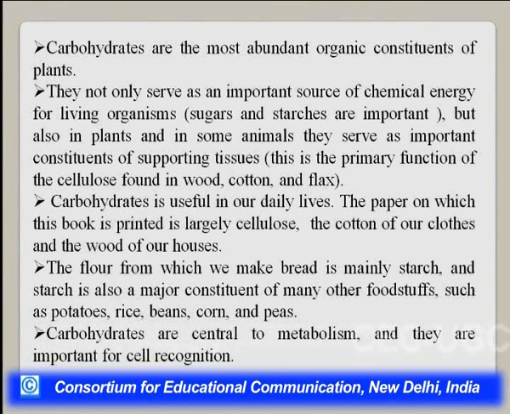The paper on which this book is printed is largely cellulose. Cotton of our clothes, wood of our houses, as I told you. The flour from which we make bread is mainly starch, and starch is also a major constituent of many other foodstuffs such as potatoes, rice, beans, corn, peas, etc. Carbohydrates are central to metabolism and they are important for cell recognition.